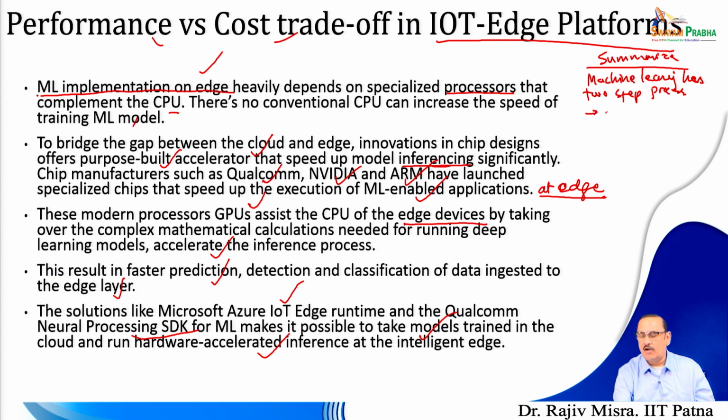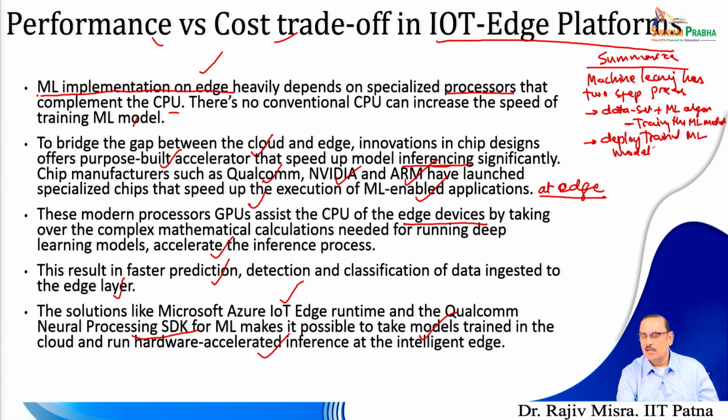First, when a data set is presented to the machine learning algorithm, this process is called training the machine learning model. Once the model is trained, the trained ML model is deployed at the edge.